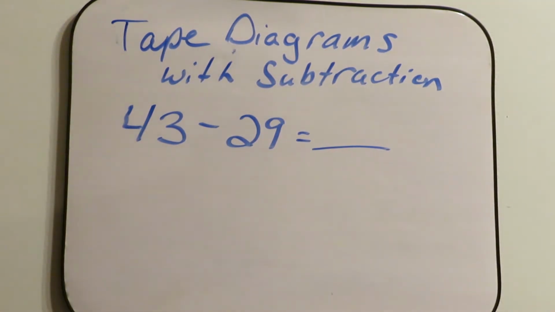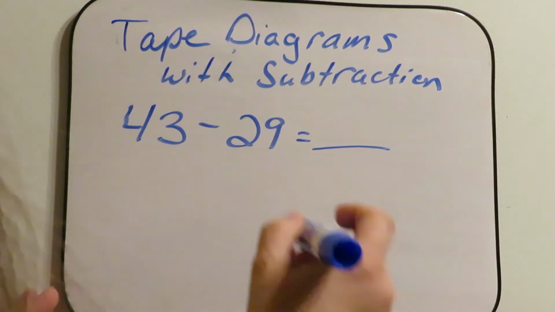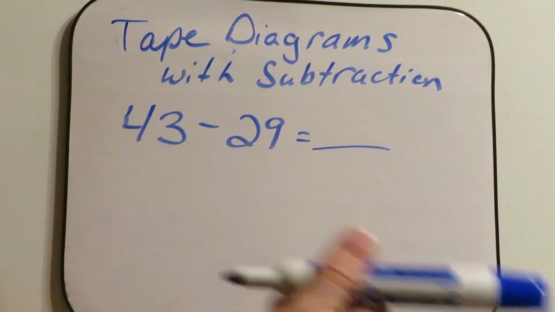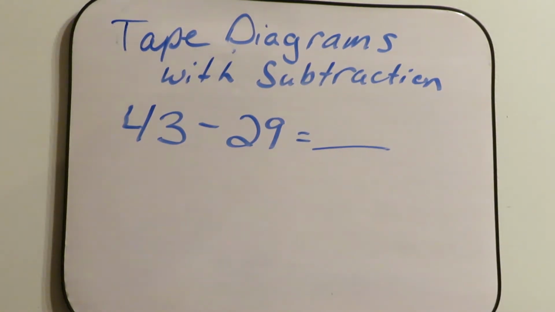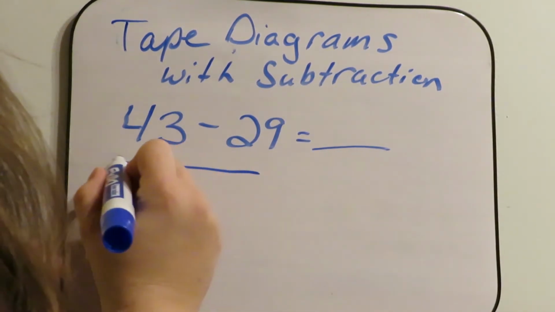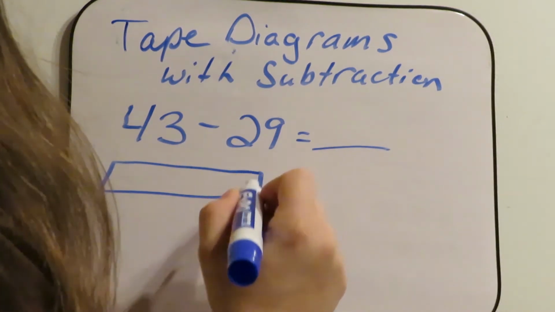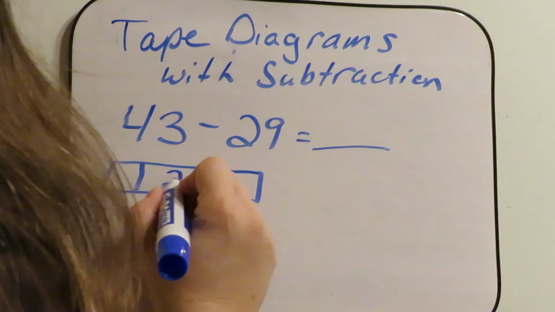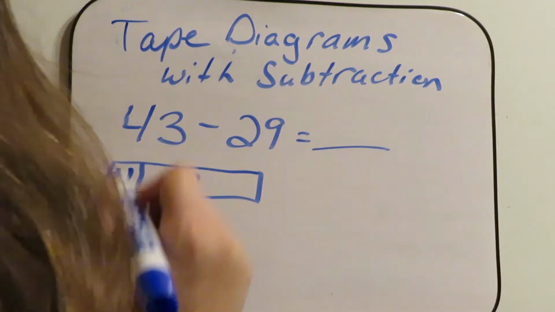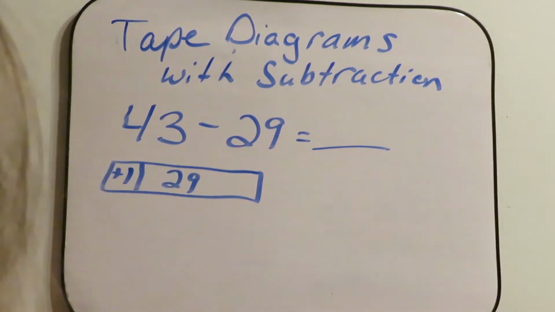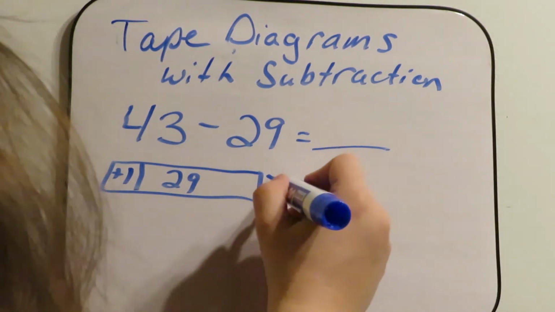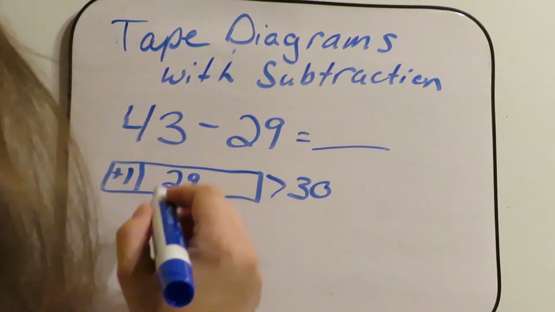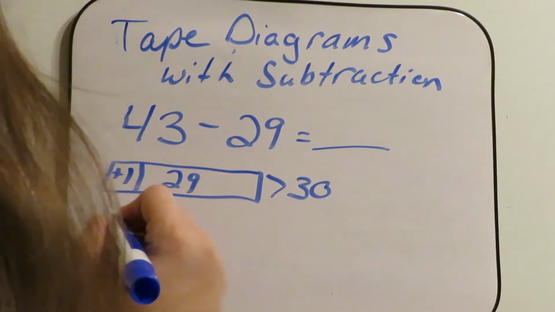So to make this problem a little easier, we notice 29 is very close to 30. We just need to add 1. And we make our tape diagram for 29 that has 29 plus 1. Well, if you're going to add 1 to 29 to get 30, then you're also going to have to add 1 to 43.